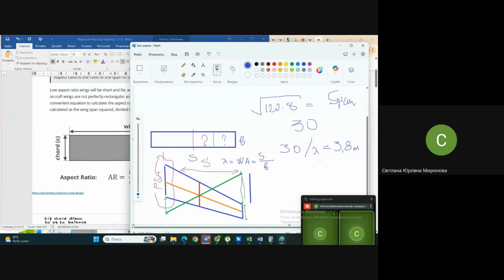But in case you're going to work with a swept wing, this is the so-called mean value of the chord. What you might do next is use one more relative parameter which shows the relative narrowing of the wing, and work with the chords at the root and at the tip.